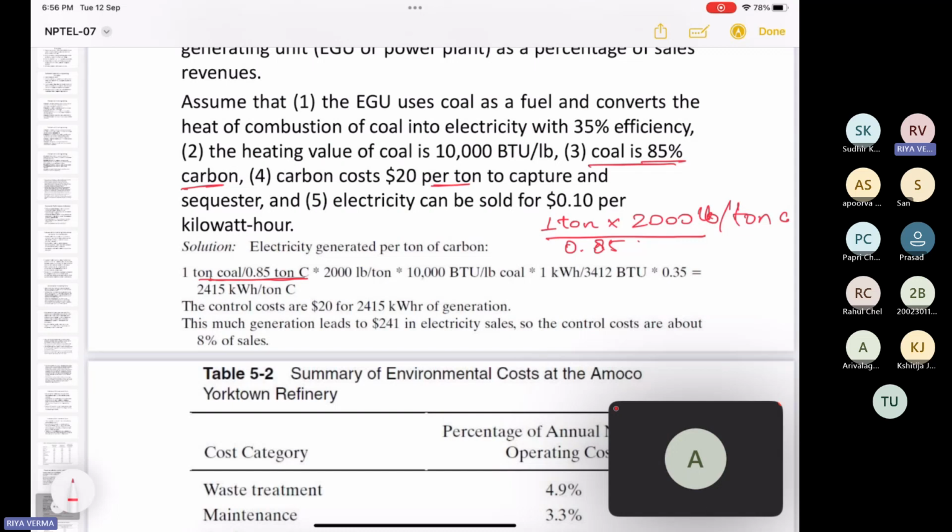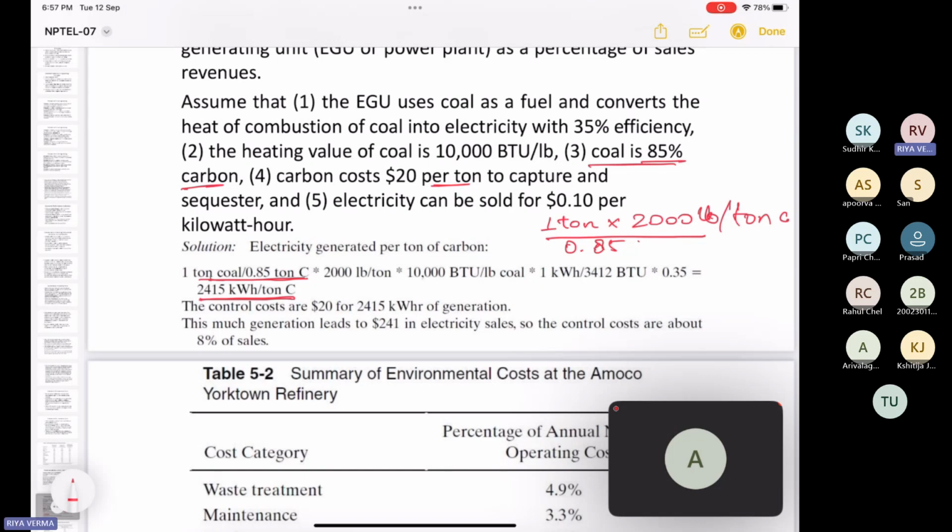We know that to generate 1 kilowatt hour of electricity, we need 3,413 BTUs. And this is multiplied by the efficiency of converting the heat of combustion of coal to electricity, that is 35%, so it is multiplied by 0.35. So now we have 2415 kilowatt hours of electricity generated per ton of carbon. So the control costs are $20 for 2415 kilowatt hours of generation.